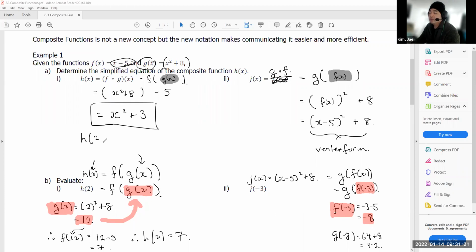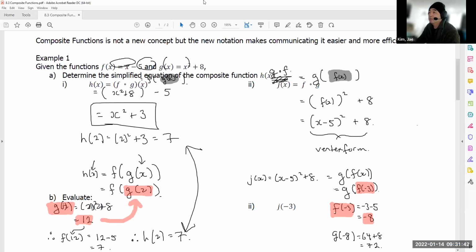Okay, h of 2 is the same as 2 times 2, 2 squared, right? Plus 3, which is 7. They agree. In the same way, get this out of the way. There you go.